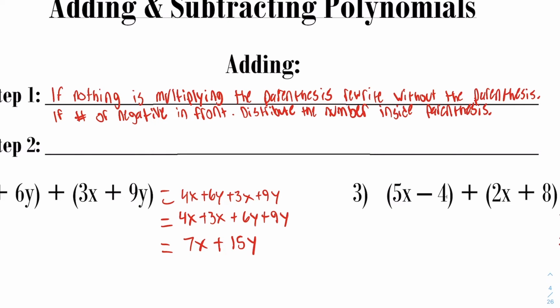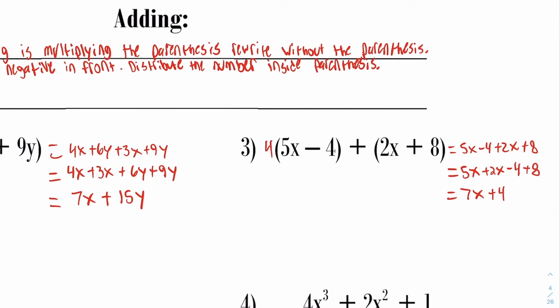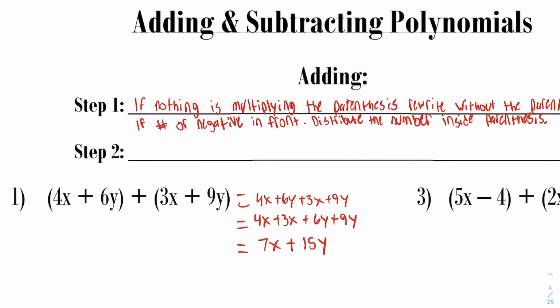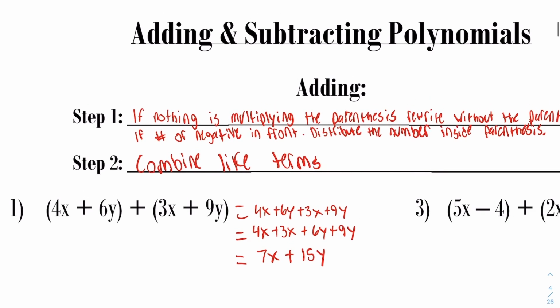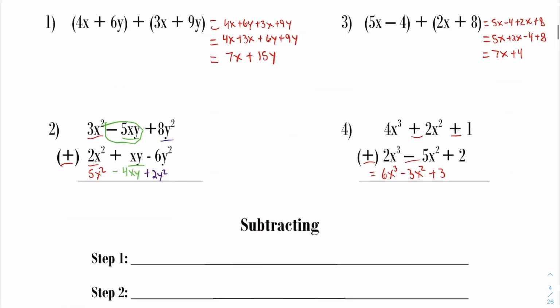If there is a number or a negative sign in front of the parentheses, then you'll have to distribute that number to the inside. For example, if there was the number 4 here, that would be 4 times 5x minus 4, so that's going to distribute. Step 2 for adding. It's combine like terms. You will have an example like that probably on your assignment later today.